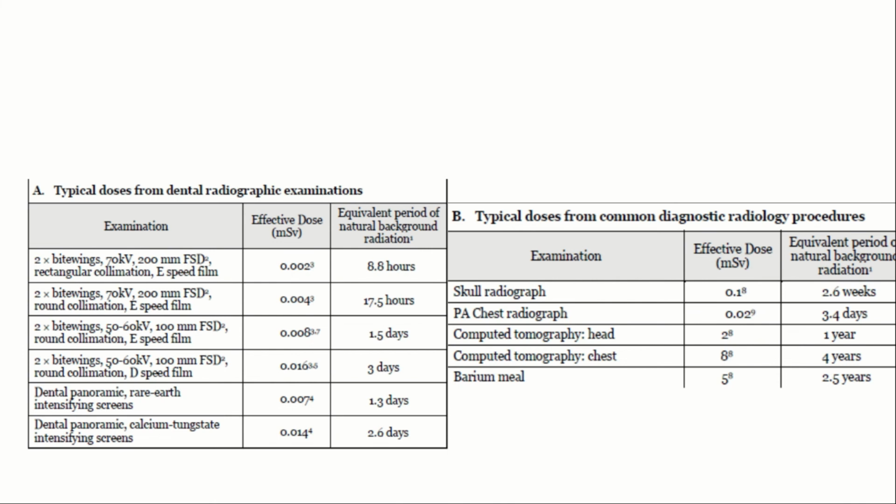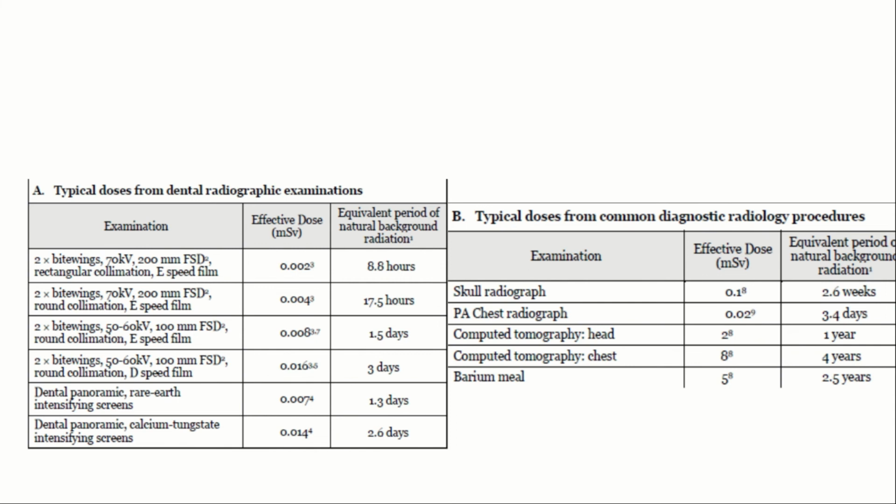For example, an OPG using calcium tungstate screens has an effective dose of 0.014 millisievert. You have to expose yourself to background radiation for 2.6 days, maybe 2.5 days, I'm not sure.